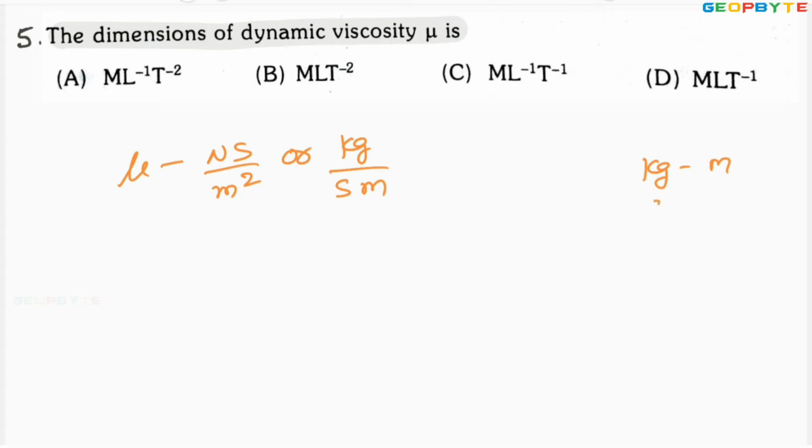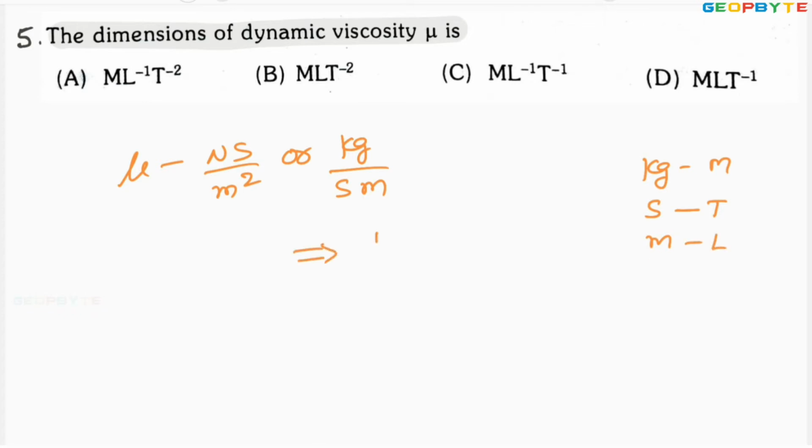The dimensions of dynamic viscosity mu is, dear friends, dynamic viscosity mu is in Newton second per meter square or kg per second meter. As you know, kg dimension formula is M, second is the time, and meter is the length.